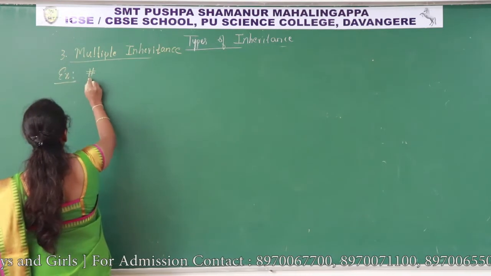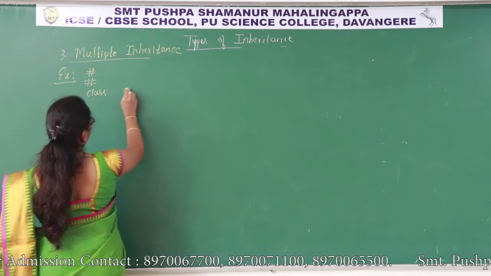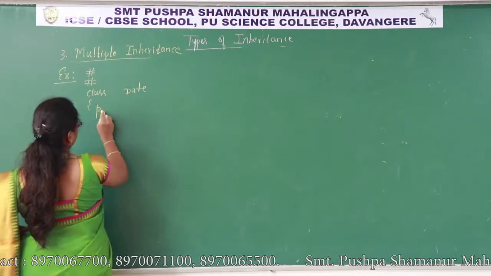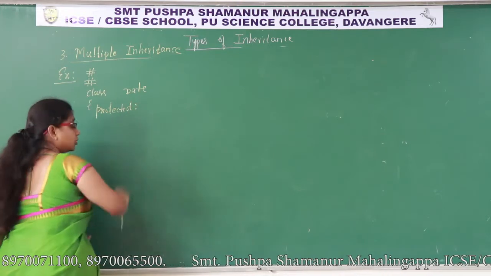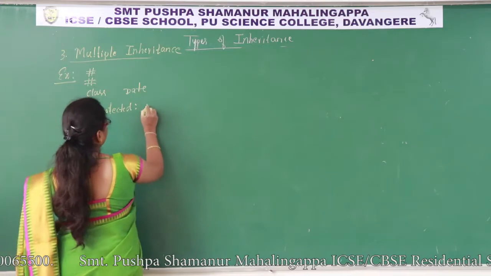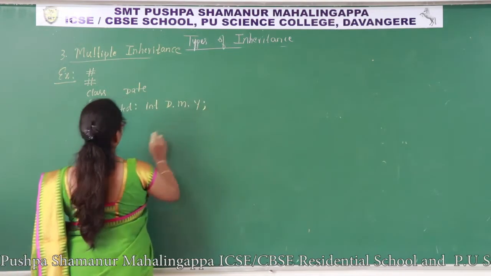We'll take the same example, date and time. Class date. I'll take the protected section here. Before, we had taken private members: int day, month and year.